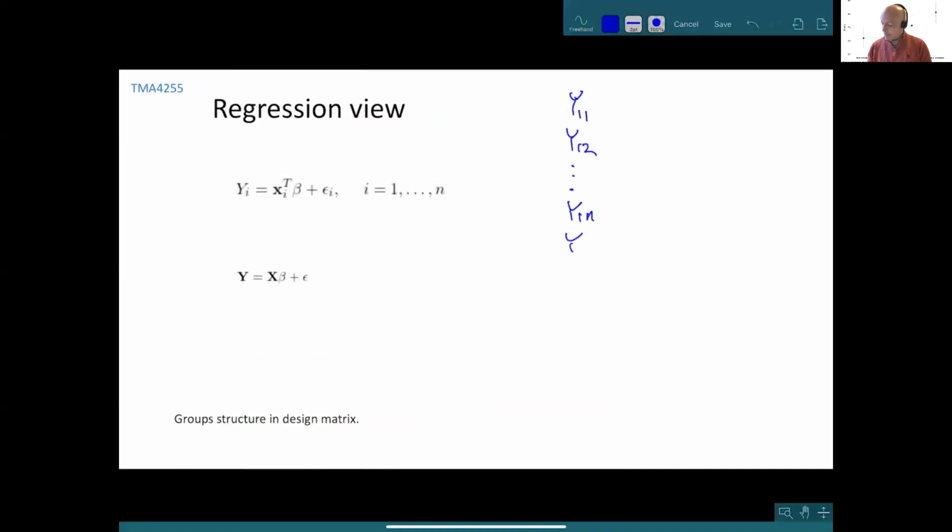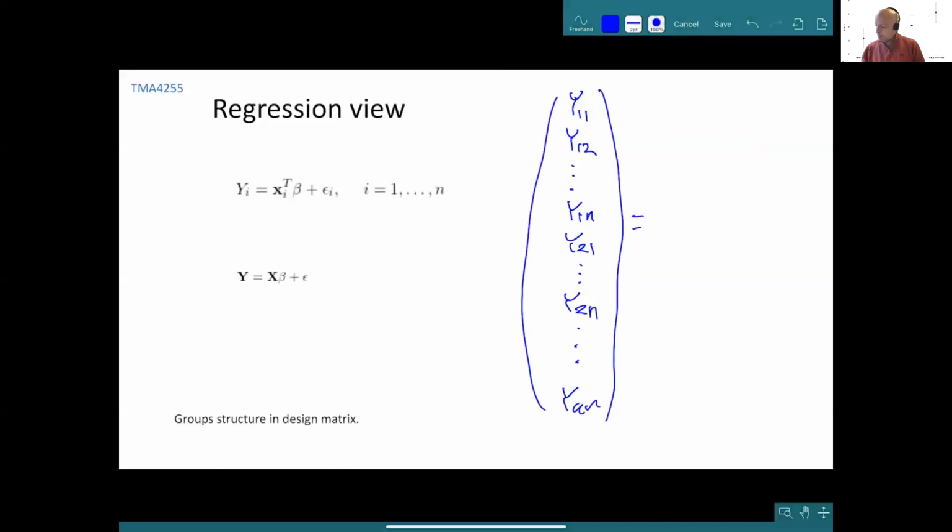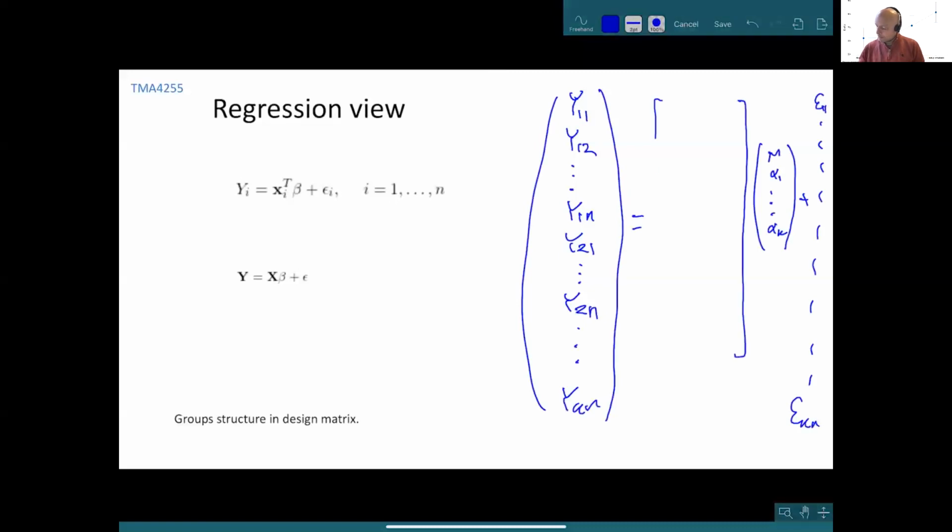And then it continues with y_21, y_2n, and all the way down to y_kn. And we can write this as a design matrix where we multiply with mu, alpha_1, alpha_k, and then there's plus epsilon_11, epsilon_kn. And the design matrix in front here of course always has the mu, so we always need the grand mean, but then we pick out the right effect.